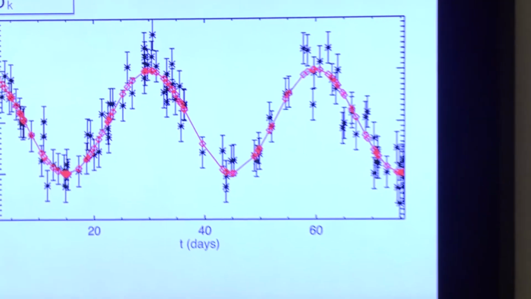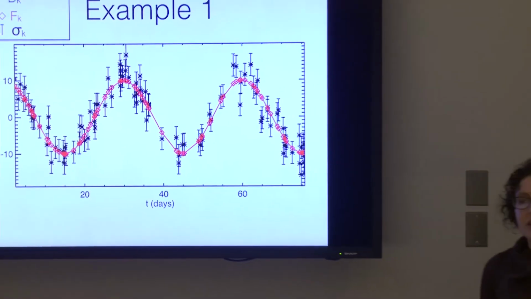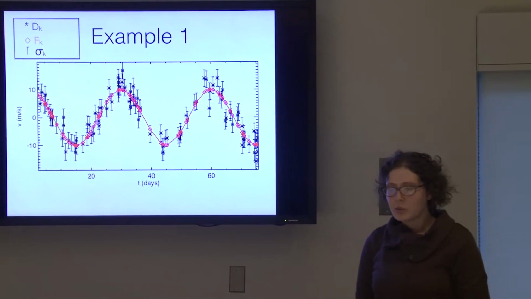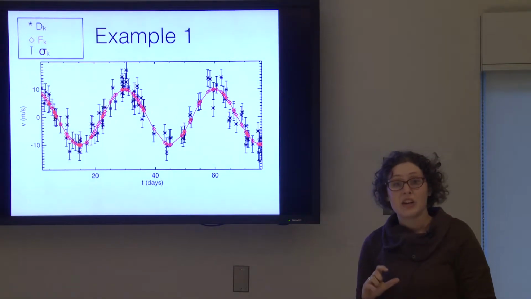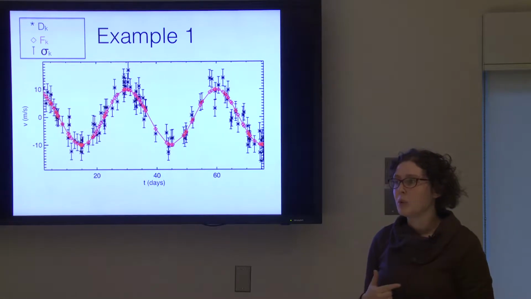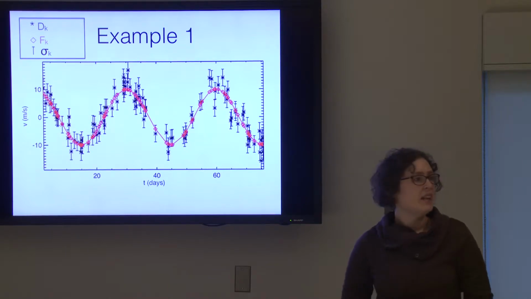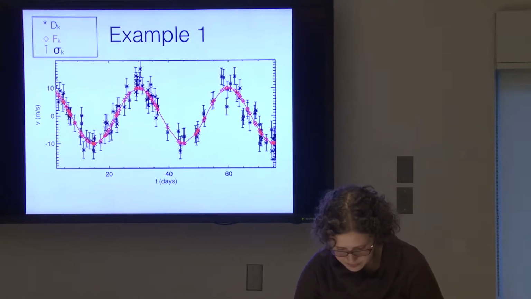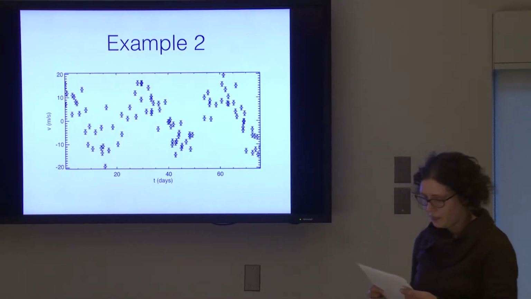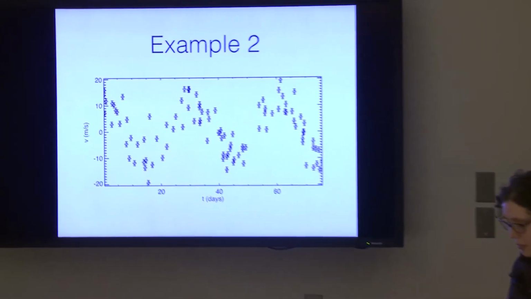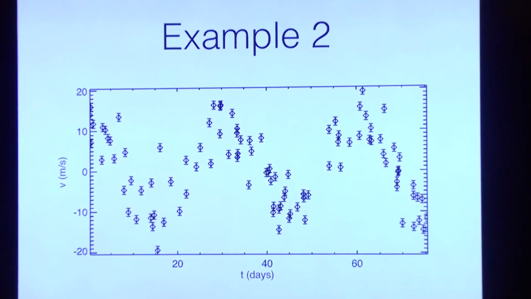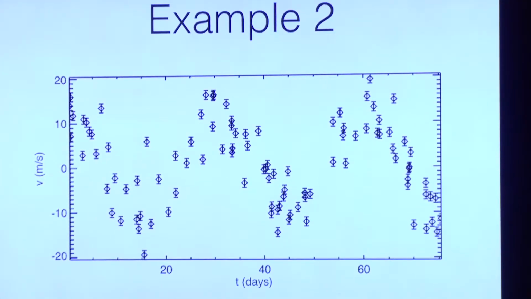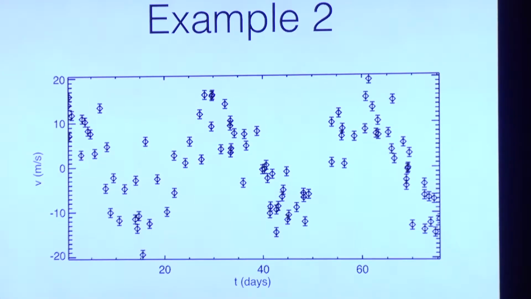If you minimize the chi squared, you can get the best set of parameters. But I will now show you some data sets that I generated and then some real examples from the literature where one or more of these assumptions is violated. And then we're going to want to adjust our likelihood function to compensate for that. OK, so here's an example where one or more assumptions are violated. And I want us to discuss among ourselves what assumption that might be.